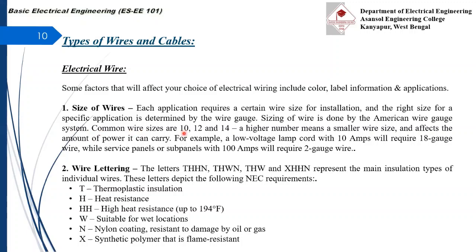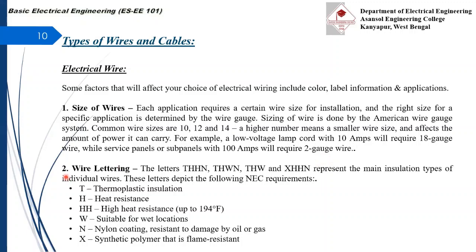The common wire sizes are 10, 12 and 14. A higher number means a smaller wire size and affects the amount of power it can carry. For example, a low voltage lamp cord with 10 ampere will require 18 gauge wire, while service panels or sub panels with 100 amperes will require only 2 gauge wire.